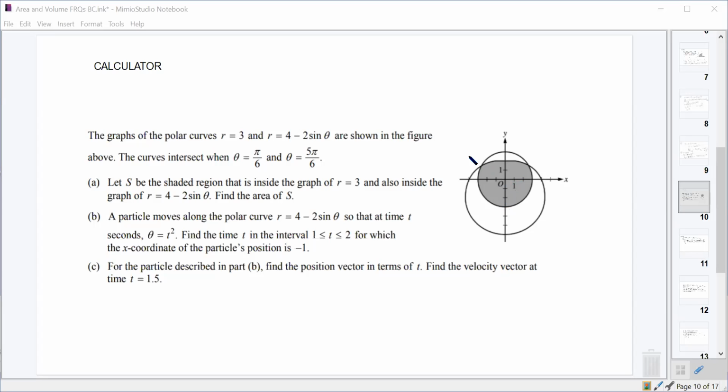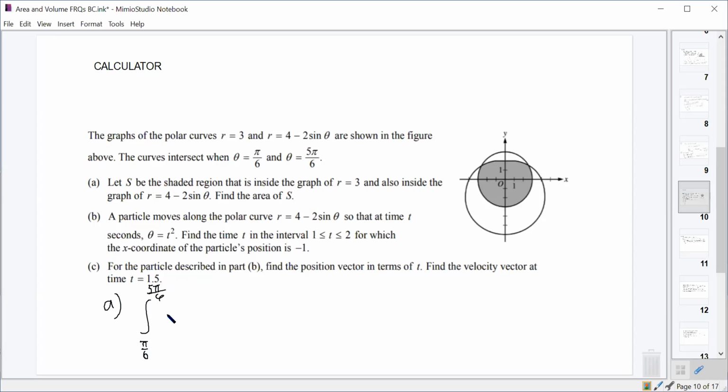If we're knocking off the pi over 6 to 5 pi over 6 piece. And what's our function?